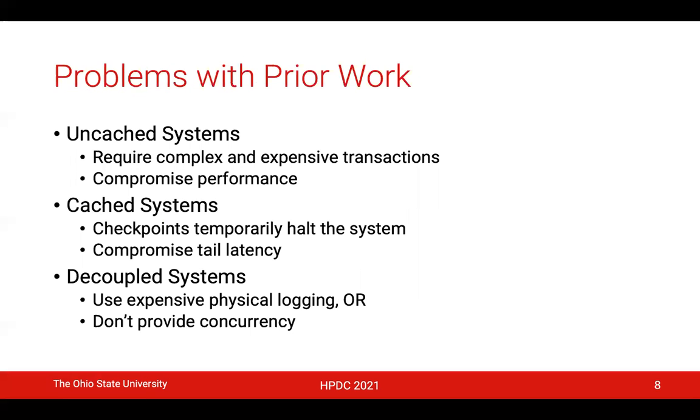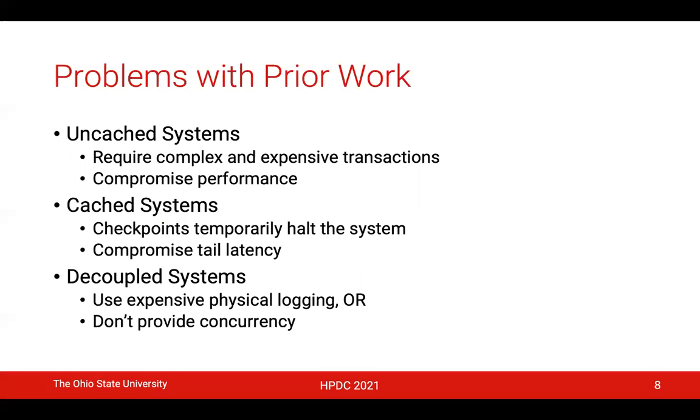If we look at prior work, they can be broadly classified into 3 types: uncached, cached, and decoupled systems. Uncached systems do not cache data, so they require complex and expensive transactions on persistent memory, and these compromise performance. Cached systems, on the other hand, cache part of data inside DRAM.